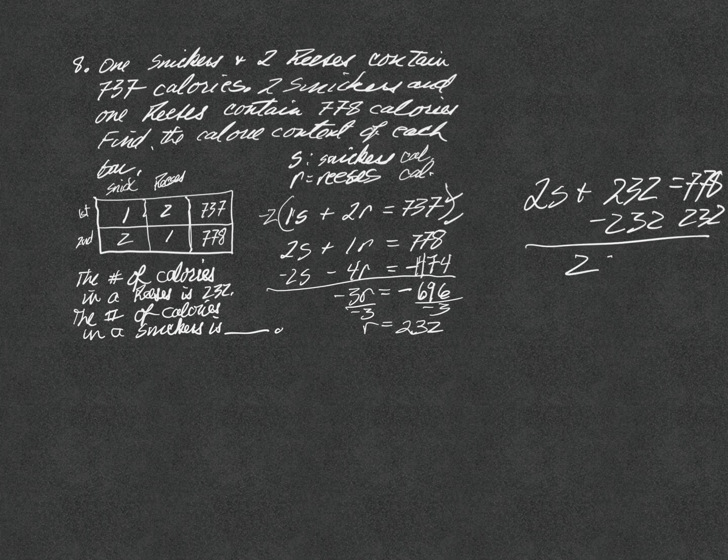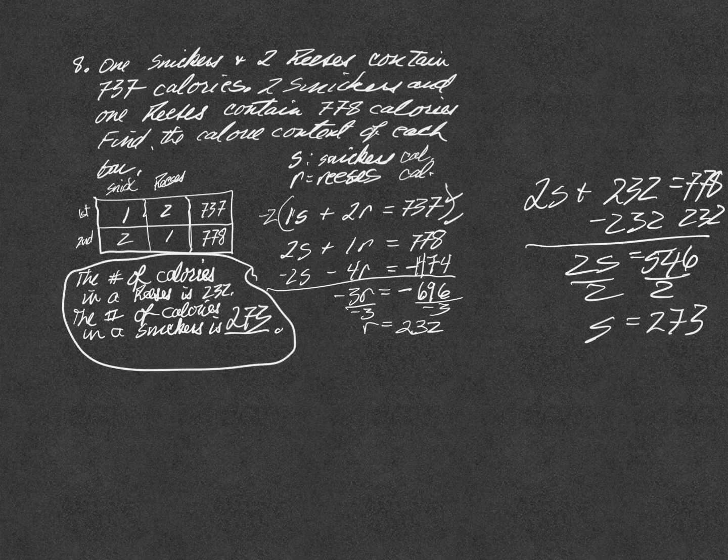And I get 2 times Snickers calories equals 645. And I divide both by 2, so Snickers has 273 calories. And so I can put 273, and there's my solution.